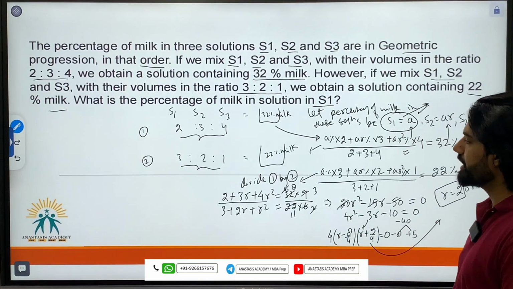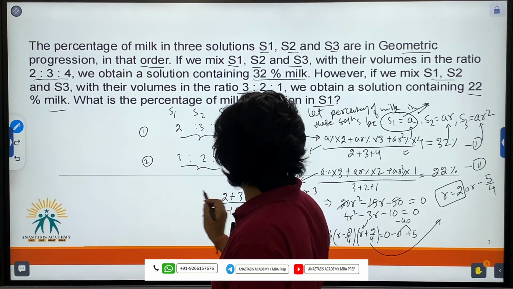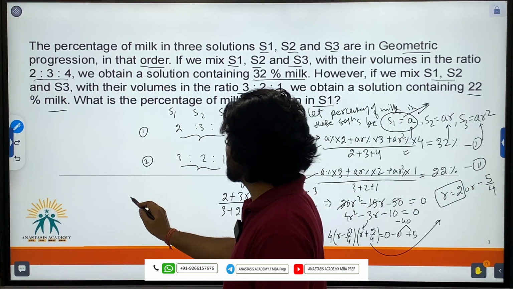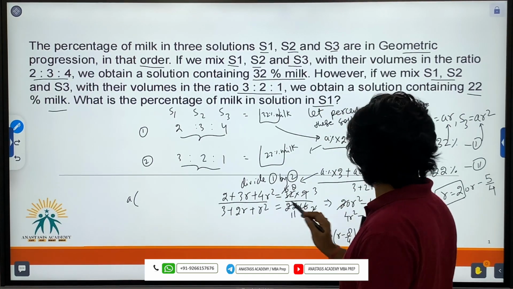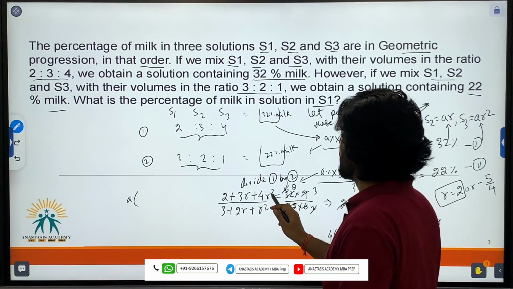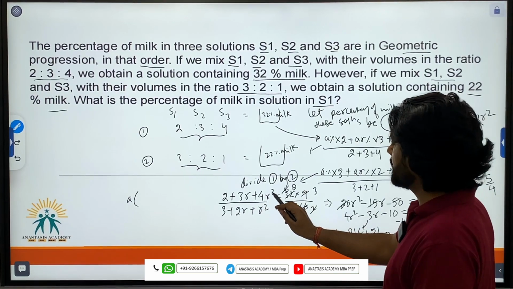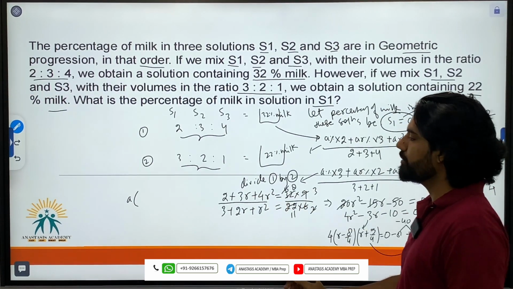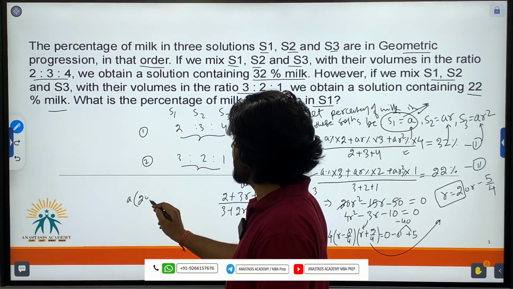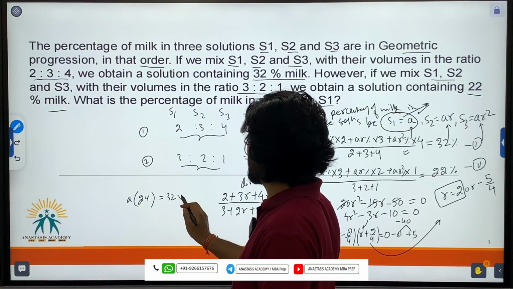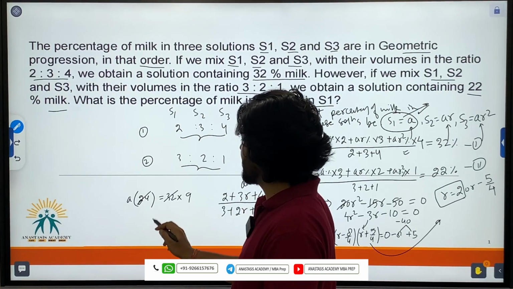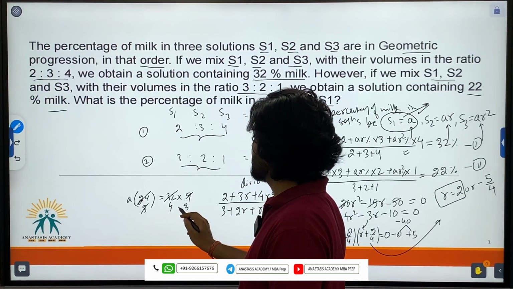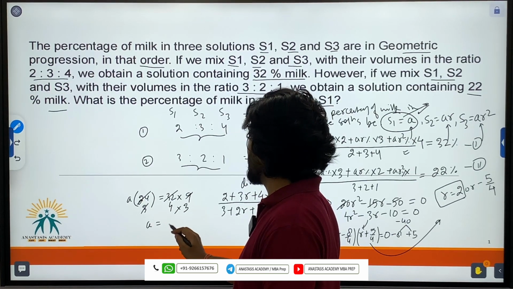I have cancelled out A, right? So it becomes A times 2 plus 3 into 2 is 6, r square is 4, 4 into 4 is 16, and 16 plus 6 is 22, and 2, 24. So 24A is equal to 32 into 9. If I cancel these terms, 8 4 times, 8 3 times, I get the value of A as 12.